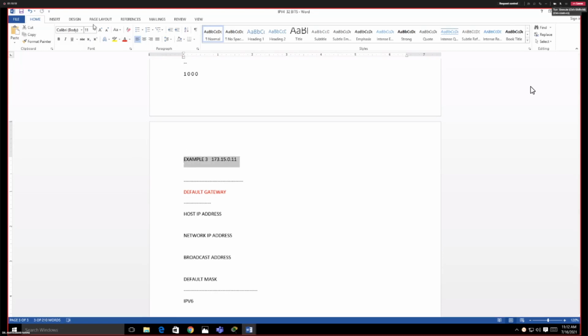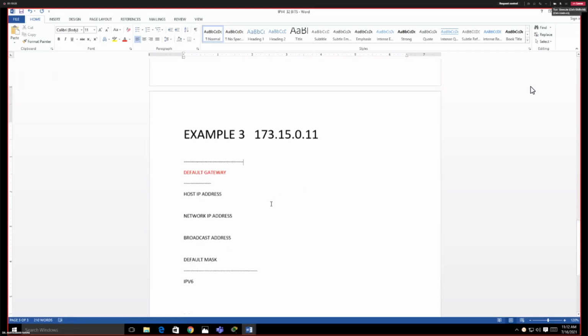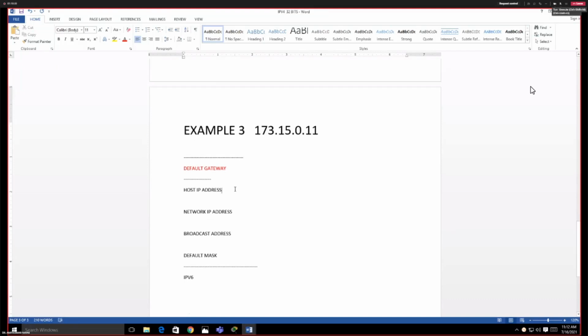Concentrate on example number 3, which is available on your screen. 173.15.0.11. Calculate host IP address, network IP address, broadcast address and default mask. Tell me the value of host IP address.